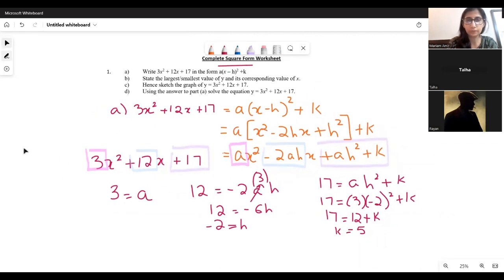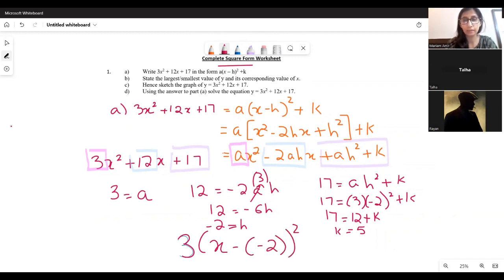So the completed square form is: a is outside of the bracket, 3, and then x minus h. So x minus −2 becomes +2, whole square, plus k, which is +5.